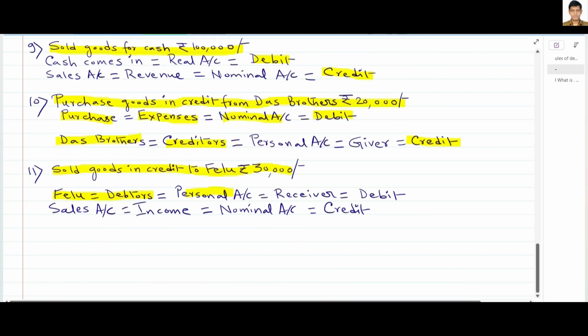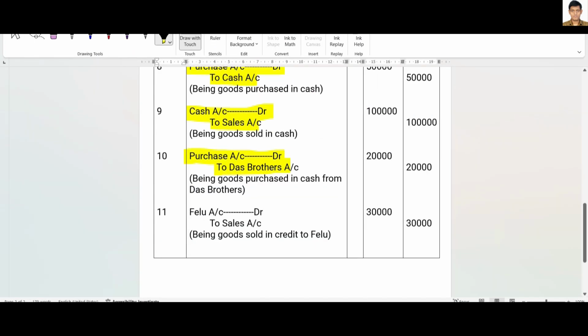So Felu account will be debit. That means the debtors account will be debit. And sales is a revenue, and all revenue comes under the nominal account, and as per the nominal account rules, all incomes and revenues are treated as credit. So the journal entry will be Felu account debit to sales rupees 30,000. The narration will be being goods sold on credit to Felu.